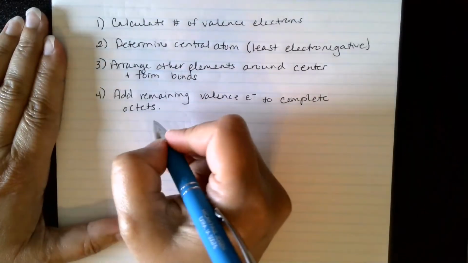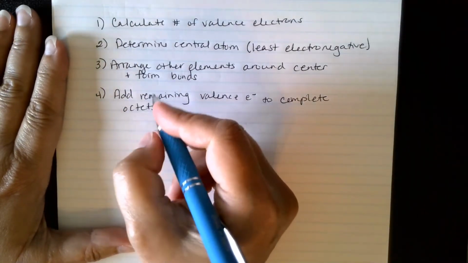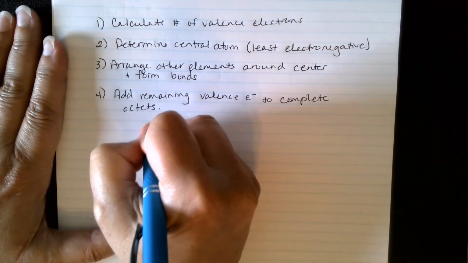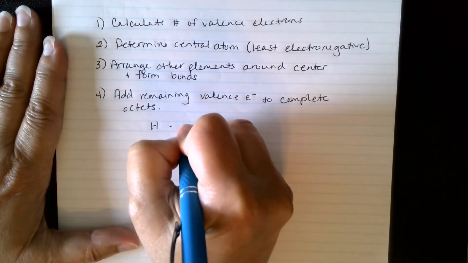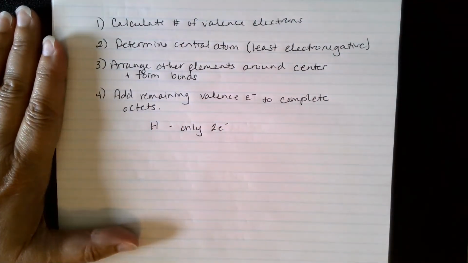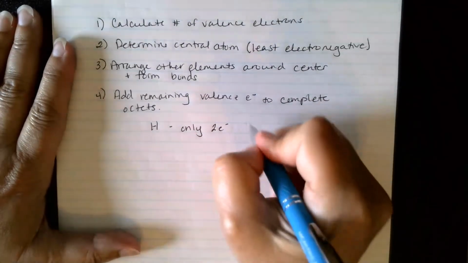Now, most all the elements are going to want an octet. There are a few exceptions. Hydrogen is only going to get 2 valence electrons, so it doesn't get 8, and that means hydrogen can never be in the middle.